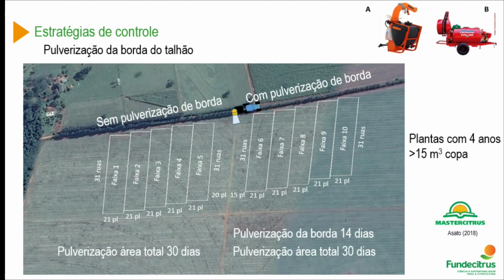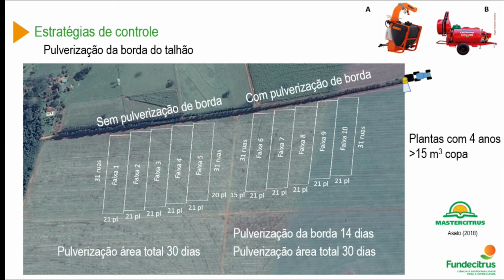We separated the border area at the farm without the border spraying and another one with the border spraying on a weekly basis. And we assessed the population of insects captured at the different distances regarding the border of the property, as well as the number of new plants with HLB that we found over the experiment.